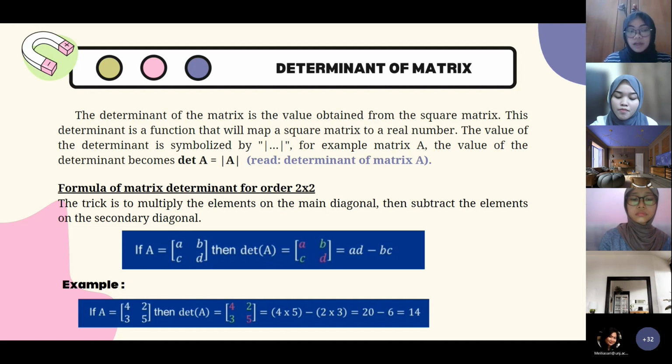For example, if matrix A has the numbers 4, 2, 3, 5, then the determinant of matrix A is the product of 4 multiplied by 5 minus the product of 2 multiplied by 3, which is 20 minus 6, equal to 14.